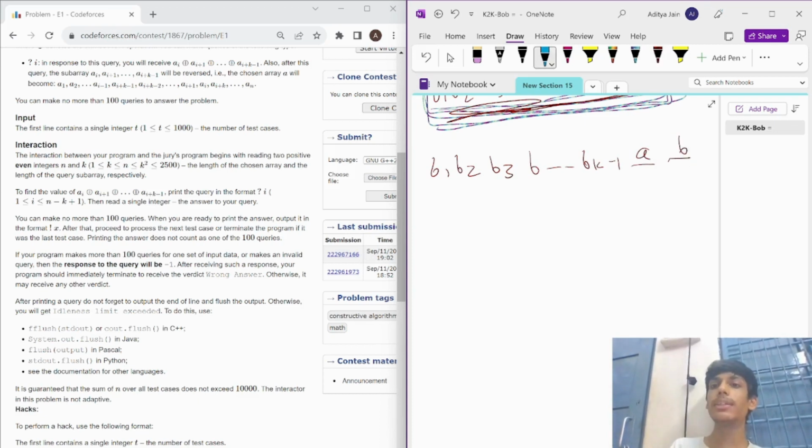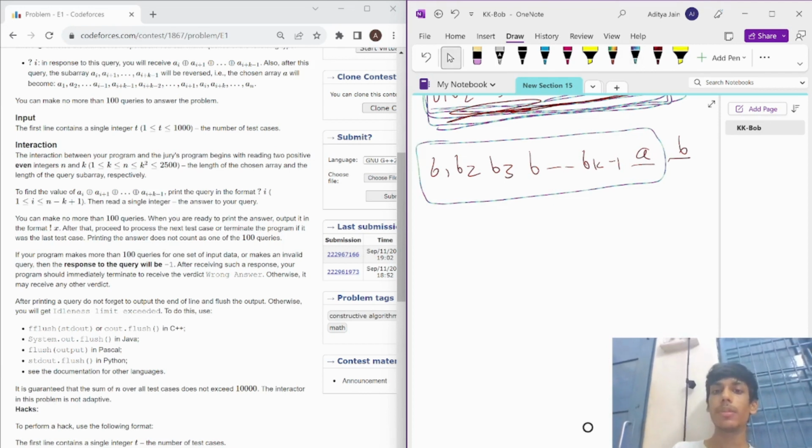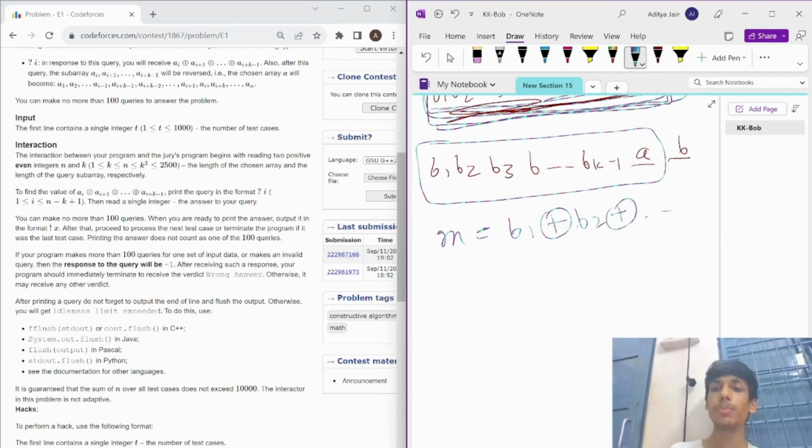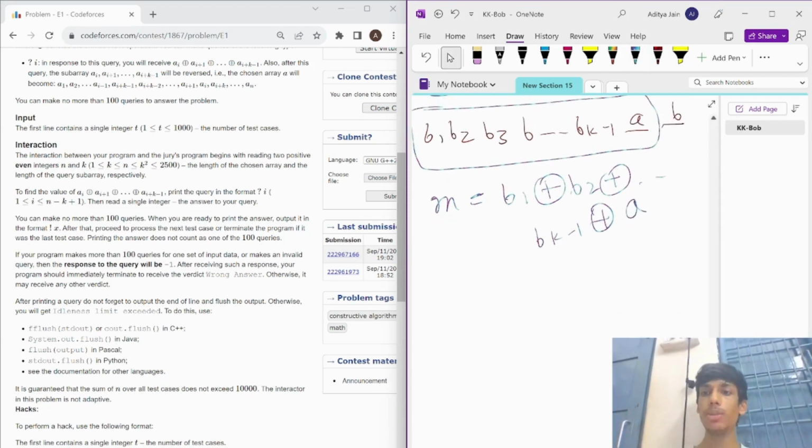Now we'll calculate the XOR of these k elements, and suppose it's equal to some number, say m. So m is equal to b1 XOR b2 XOR up to bk minus 1 XOR A. Suppose this is equal to m.